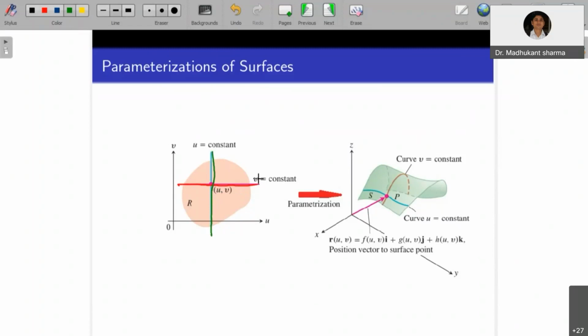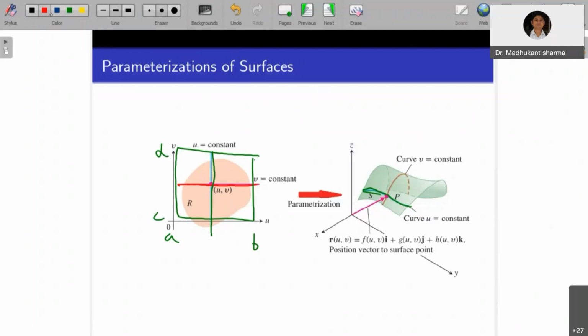You can enclose it by a rectangle. Let's say this is a to b, and this is c to d. Now, u equals to constant will give you a curve on the surface.